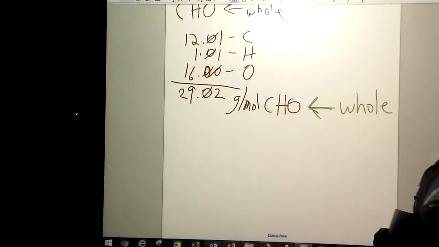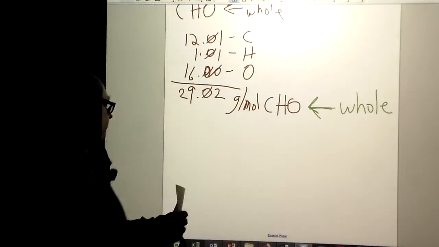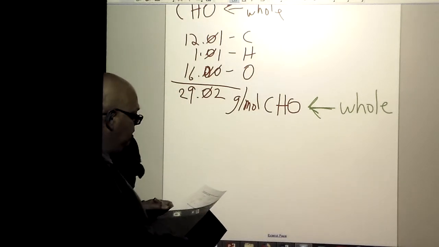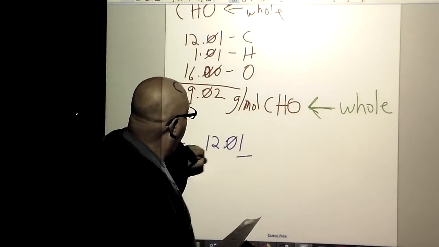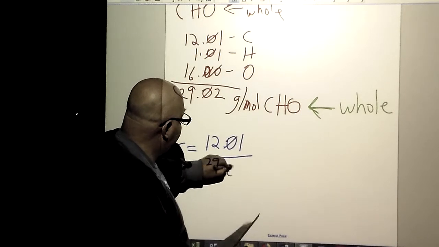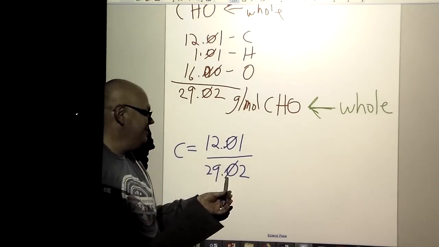Now we're going to start looking at the parts. So let's start with the carbon, because it's the first part here. So for the carbon, we know that the carbon is going to equal 12.01 over 29.02. Now remember, this is the part, this is the whole.